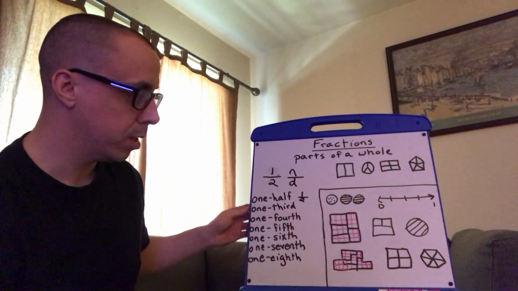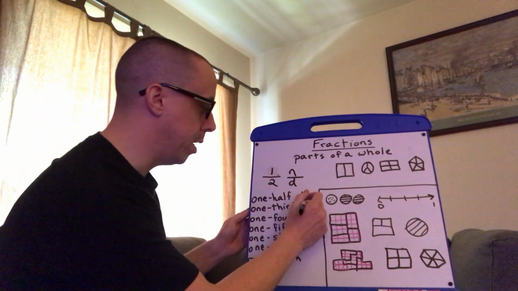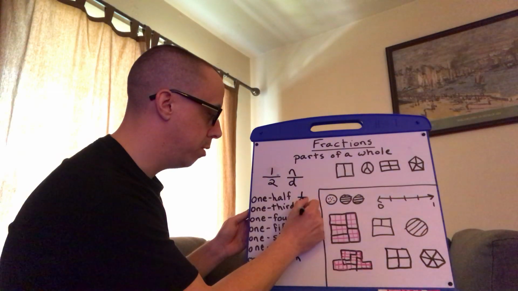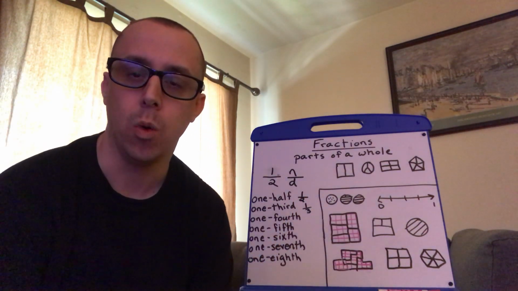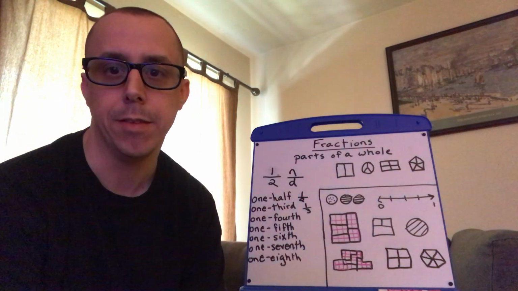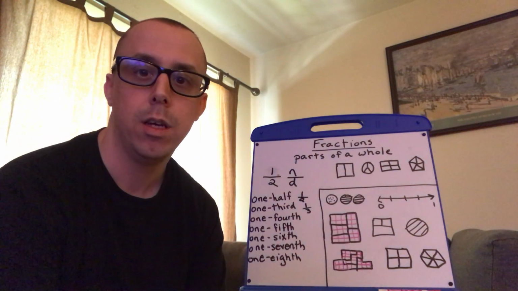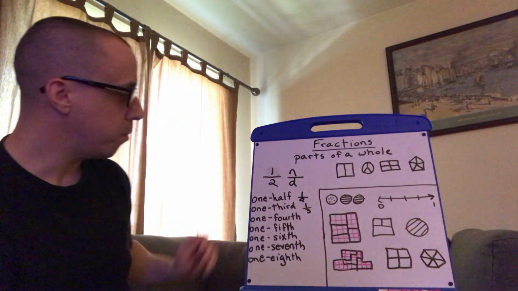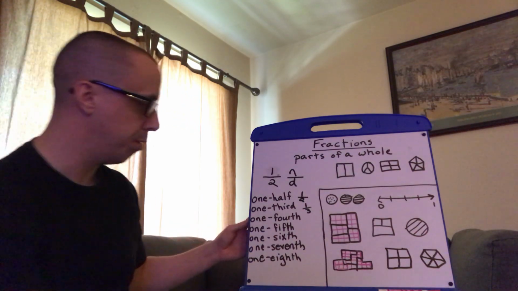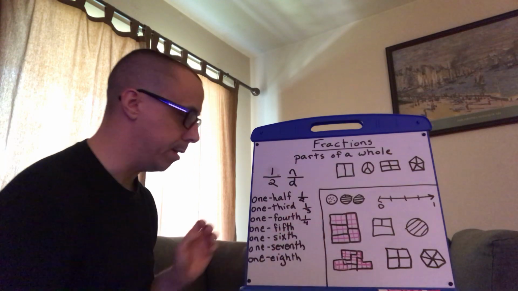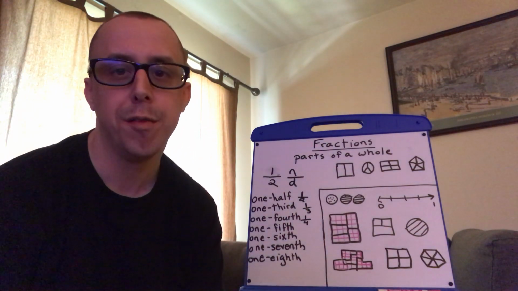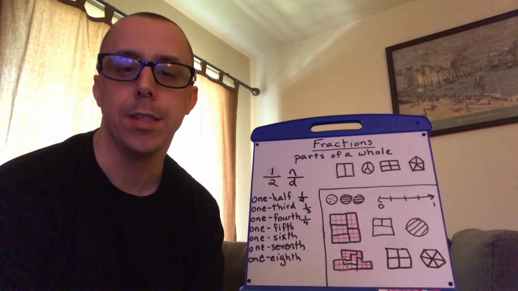The next one is 1/3. That will be a 1 on top and a 3 on the bottom. A 1 in the numerator and a 3 in the denominator. 1/2 and 1/3. Next is 1/4. Again, 1 on top in the numerator, 4 on the bottom in the denominator.